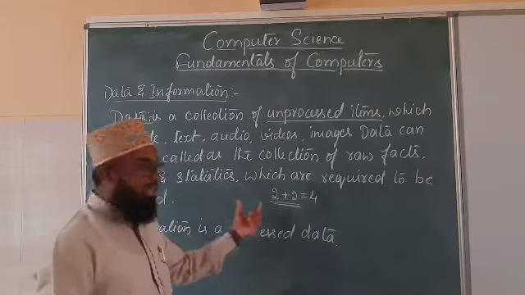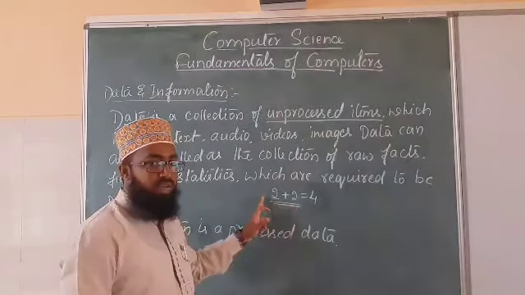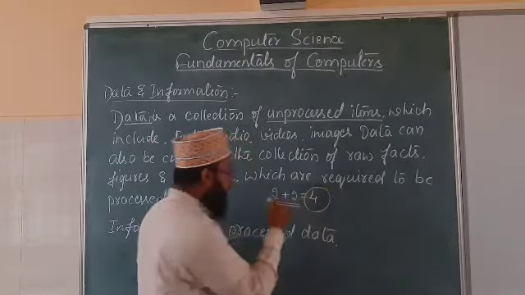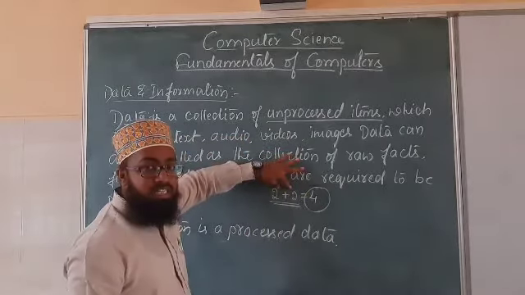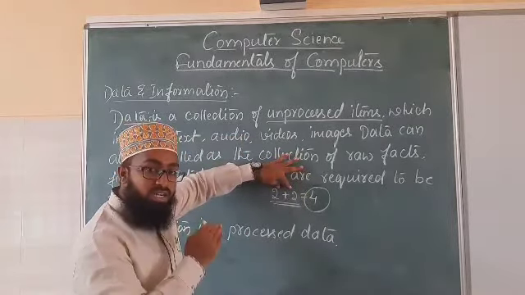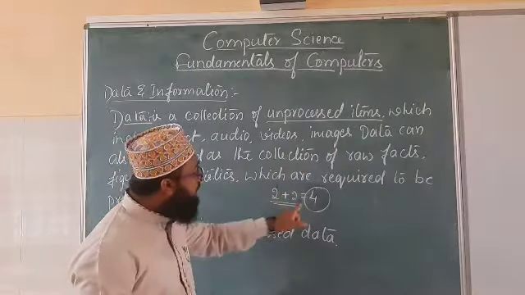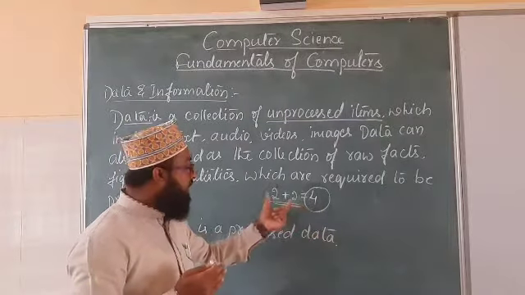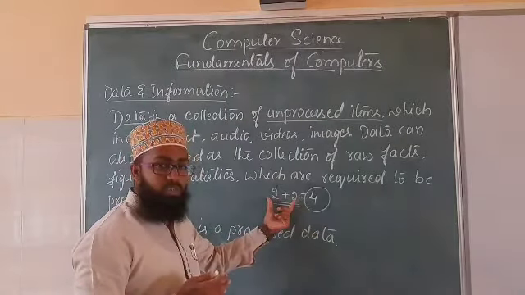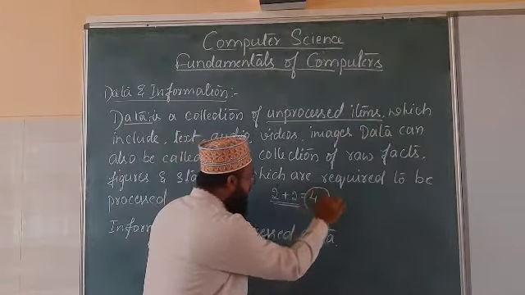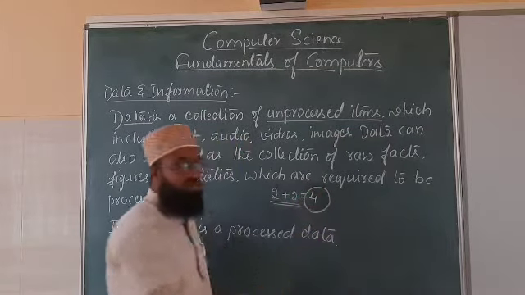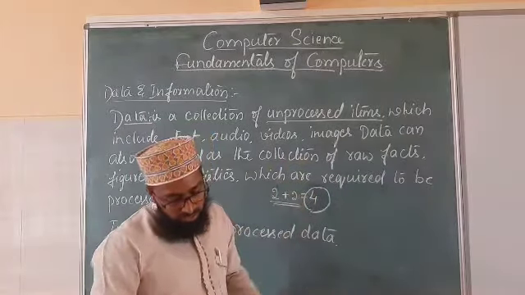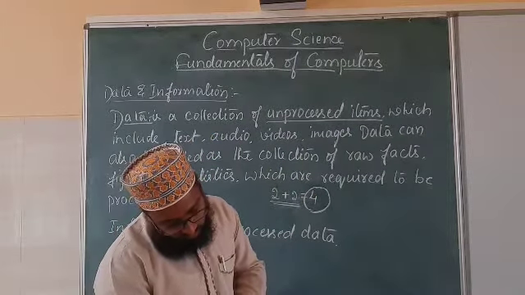When this data is processed, just like we have done addition 2 plus 2 and we have got the result 4, the process of addition is completed. After completing the process, the result we have got is 4. So after processing, the result we get, we can call as information. This is the difference between data and information.